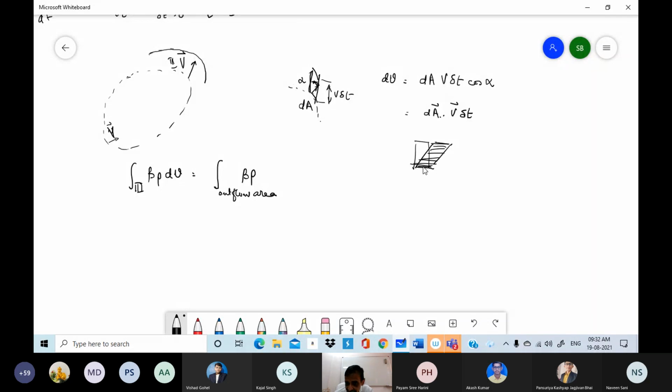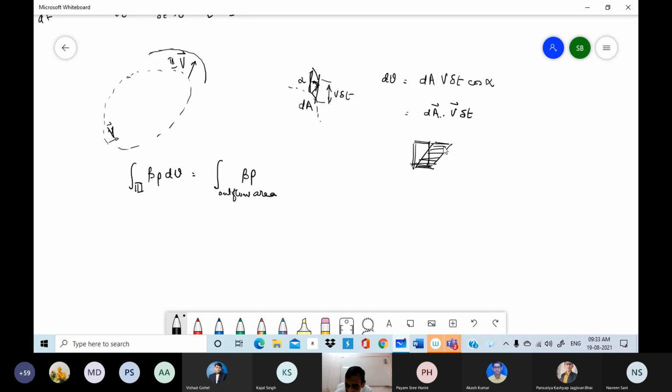The volume is not changed, but now I have a right cylinder and I know its volume is base into height. So the inclined cylinder, which can be transformed to this by just cutting it into infinitesimally thin sections and moving it, has the same volume. So this inclined cylinder must have the same volume as this.